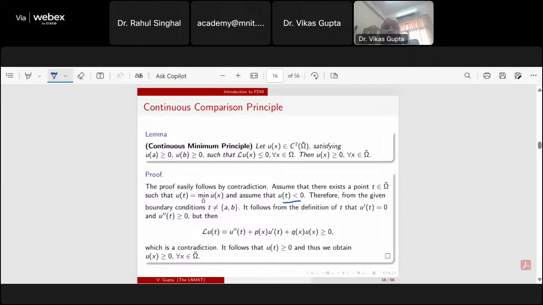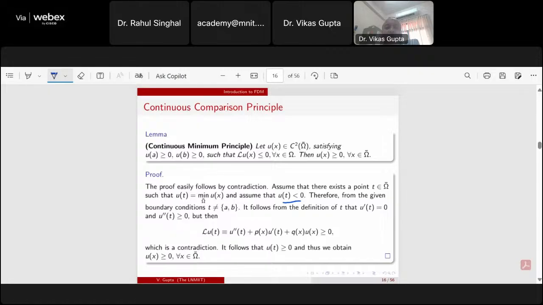Therefore, from the given boundary conditions u(a) greater than or equal to 0, u(b) greater than or equal to 0, it implies that if u(t) is less than 0, then this point t cannot be a boundary point. It follows from the definition of t, because t is the point of minima of u(x) over the domain omega bar. So what does it imply?